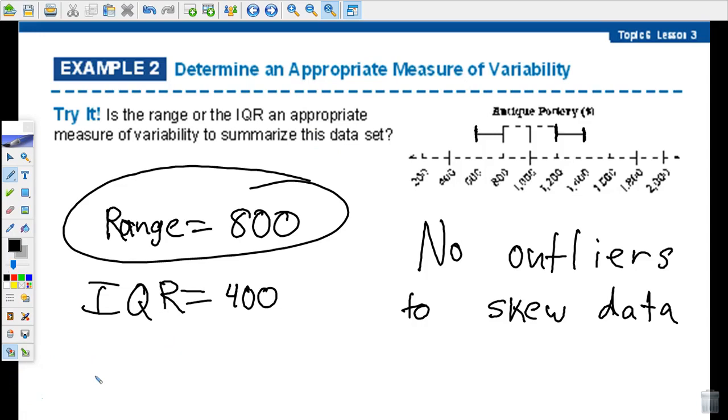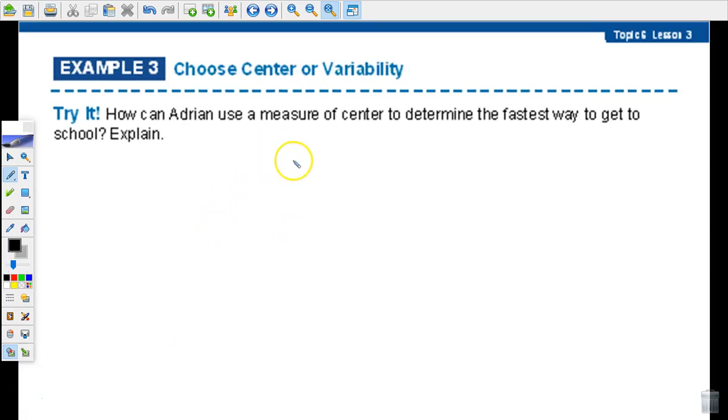Example 3. Adrian uses a measure of center to determine the fastest way to get to school. Go ahead. So look back in example 3, look at the histogram and the stem and leaf plot. Here, I'll show you.